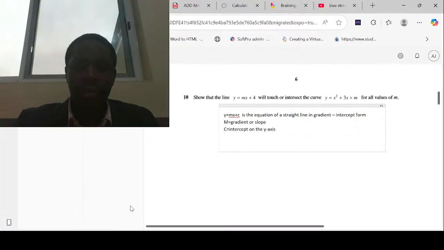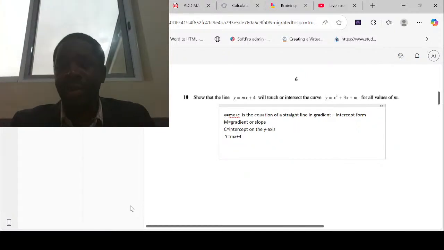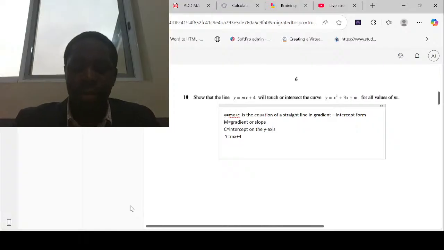So for this problem, y equals mx plus 4, meaning that 4 is the intercept, isn't it? m is a variable, so we don't know what the slope is. So m is not known, so we need to find the value of m.